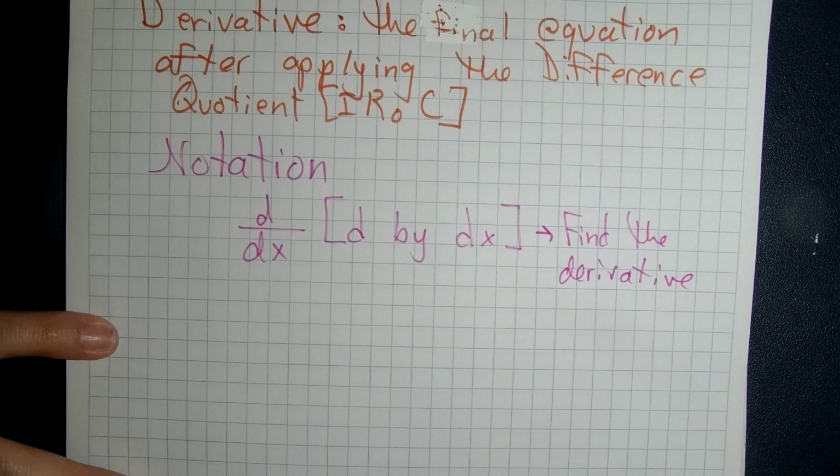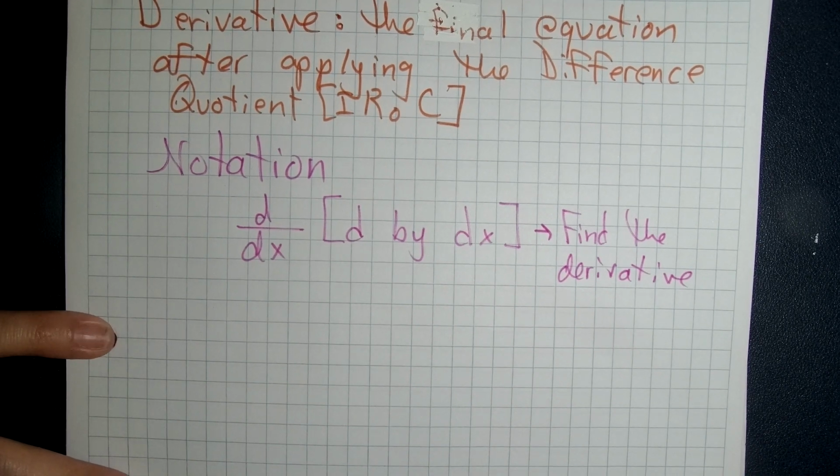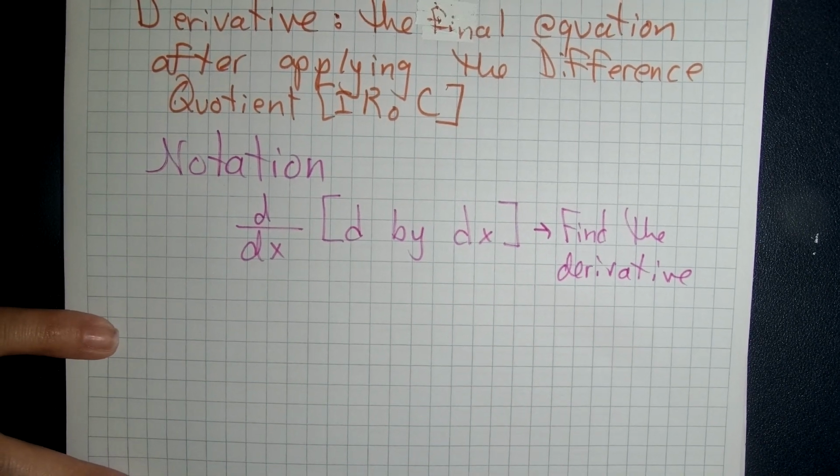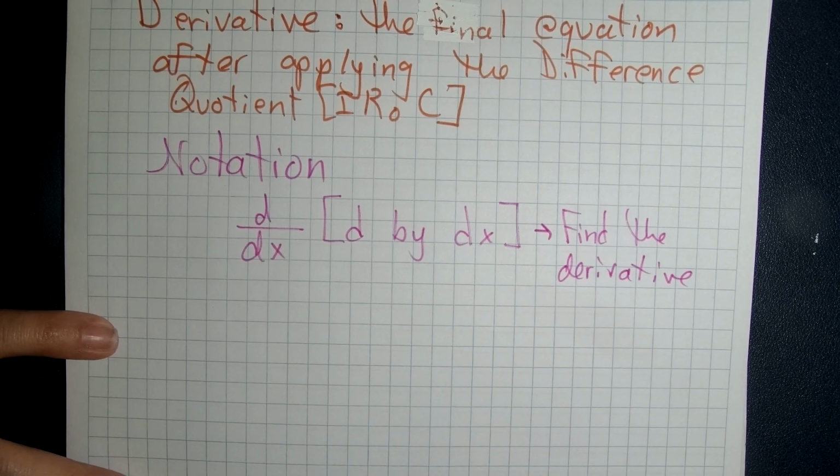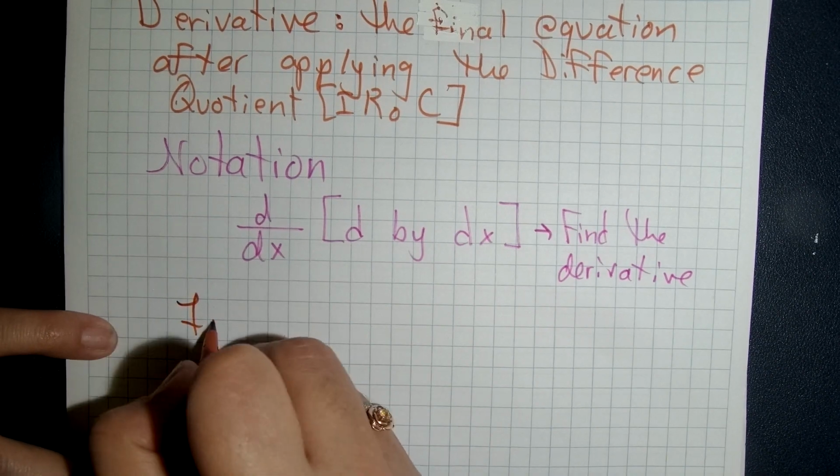Then we have notation that we will attach to the final answer. Just like we were putting y equals for the tangent or f of x equals for tangent, we're going to be using this for the final answer notation.